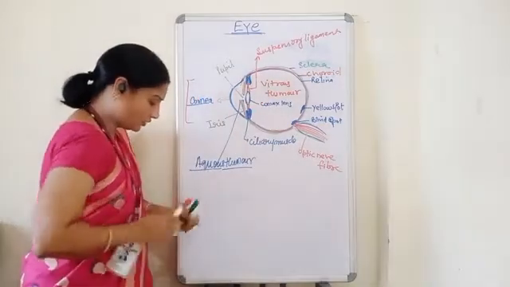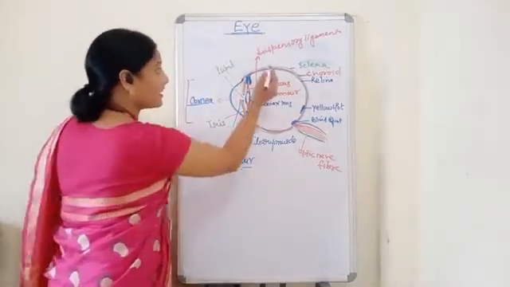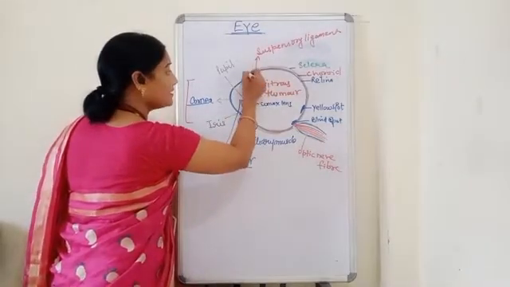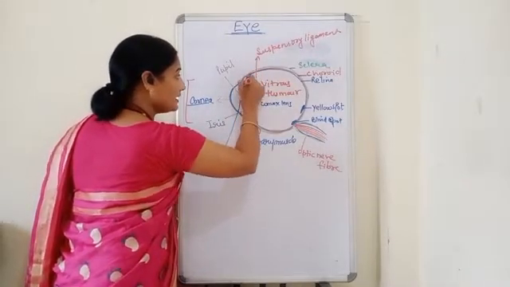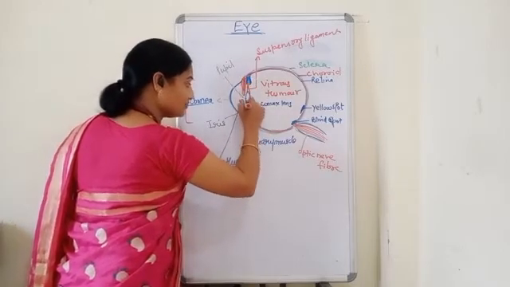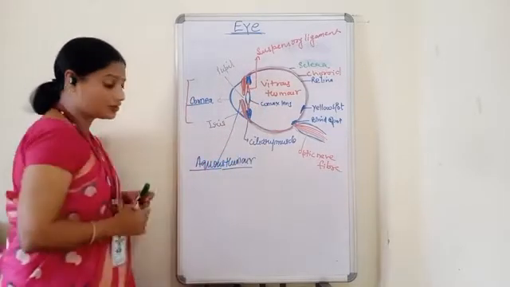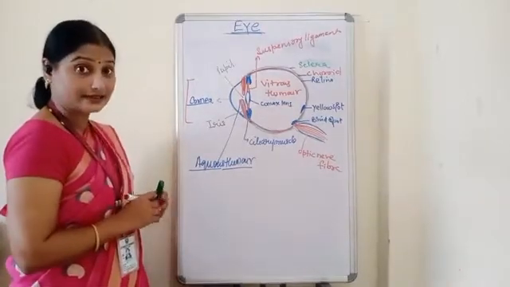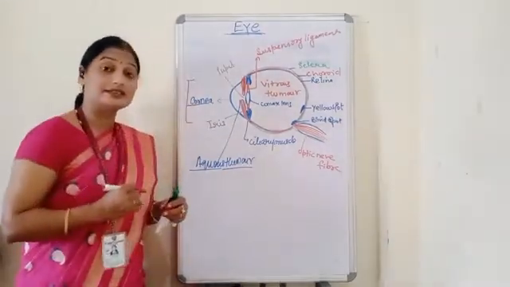Okay, so it's better to draw with red. Behind the cornea, the choroid layer is modified, and it forms a structure, and the structure is called the iris.